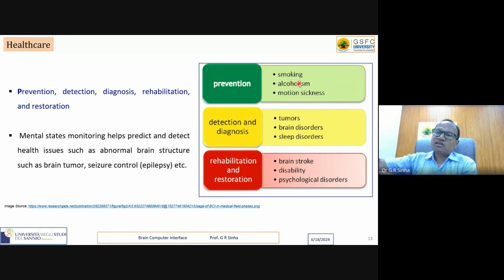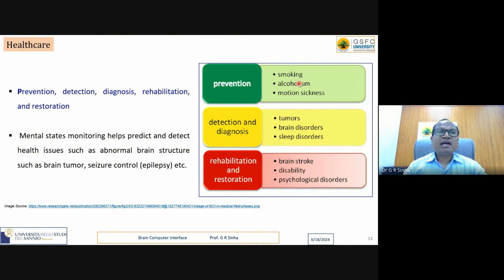Those who are less smokers or non-smokers have higher critical thinking ability and a little lower stress level. I'm just giving an example. So you can create a model, get a scientific finding, and say this is the result I have obtained from my studies. Then you can publish that result in a scientific magazine or journal.